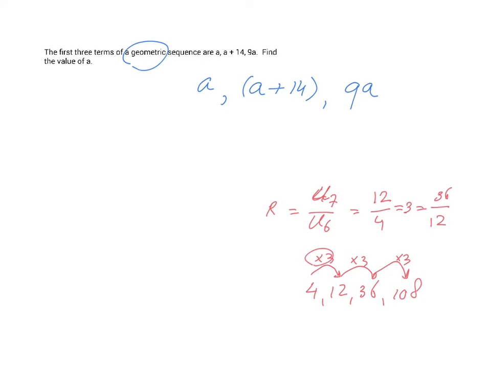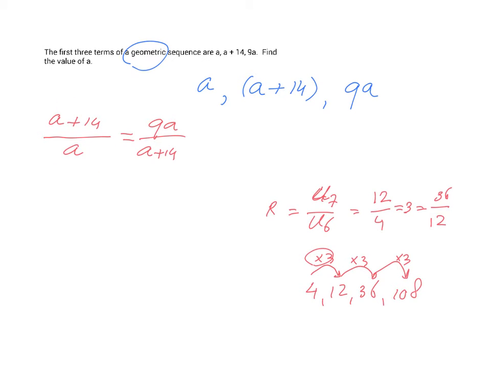So a plus 14, which is the second term, divided by a, which is the first term, is going to give me r. So that has to be equal to 9a over a plus 14. So I've created this equation where I say, well, a plus 14 over a has to be equal to 9a over a plus 14, because both of them will give you the r. So this is one equation with one unknown, so we can solve it.